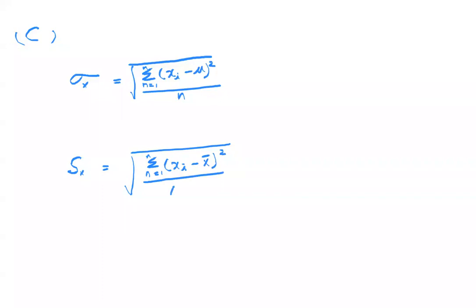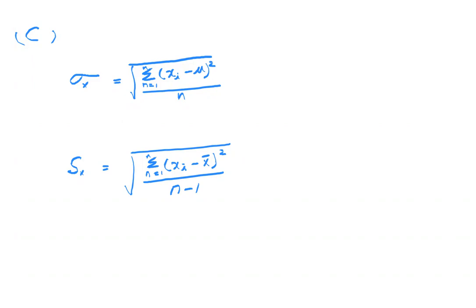Here they put n-1, the only difference. Maybe it's because the sample is part of the population, so they assume the standard deviation of the sample is bigger. That's why they put n-1, because when you divide by a smaller number, the result is bigger. Am I right? Logic? Okay, good.